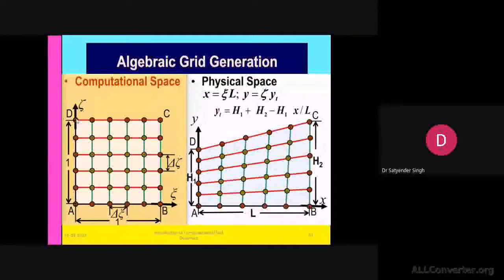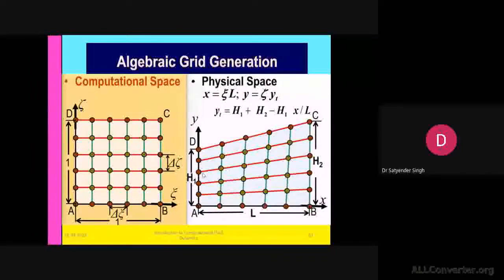We have an equal length of each element in the x and y direction, and then xi and zeta have been provided here, which shows the distance between the two grids, between the two nodes, or you can say the length of your grid element. And we can create a mesh by providing horizontal and vertical lines in this particular computational domain, and you can have the grid for that.